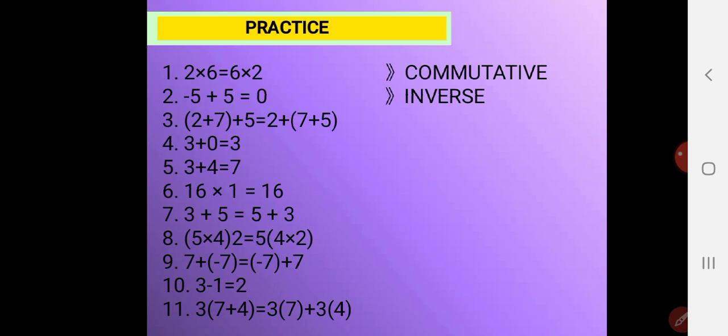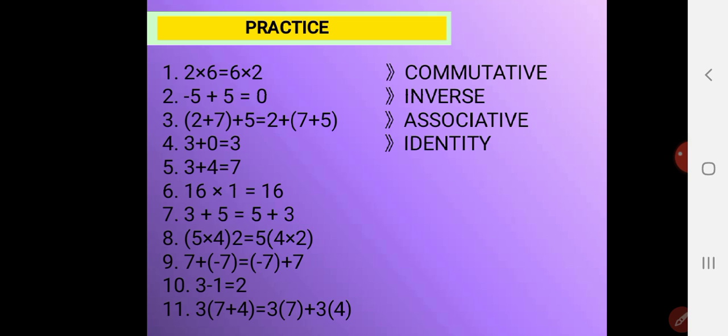Unsa na siya nga property? If your answer is associative property, you are correct. Next, 3 plus 0 is equal to 3. If your answer is identity property, you are correct.